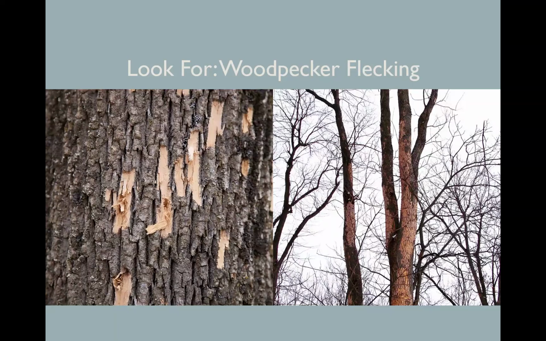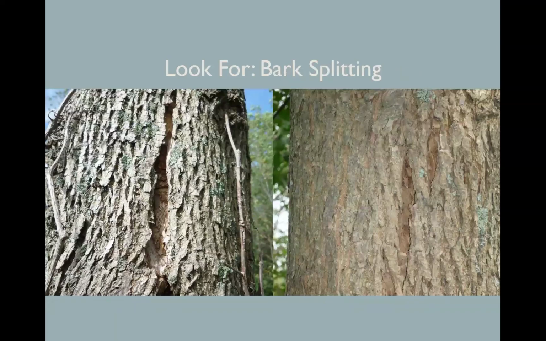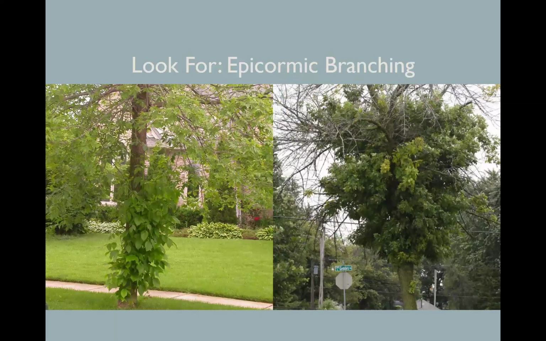So signs: woodpecker flecking is a really sure tell way to see if emerald ash borer is in a tree, because the woodpeckers know before we do. And then eventually you get some canopy thinning as the tree is more and more stressed. That canopy thinning is paired with epicormic branching.